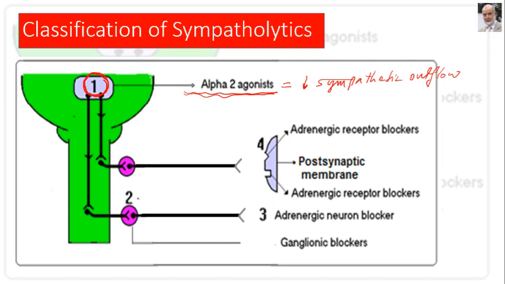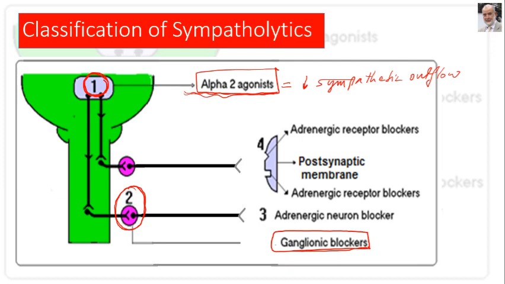The second group acts at the autonomic ganglia. They block the nicotinic receptor in the autonomic ganglia. Therefore, they are known as ganglionic blockers. Okay? So the first group are alpha-2 agonists, which inhibit the sympathetic outflow. The second group acts by blocking the sympathetic and parasympathetic ganglia, the autonomic ganglia. They are known as ganglionic blockers. This is the second group.